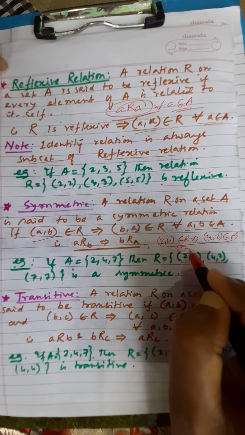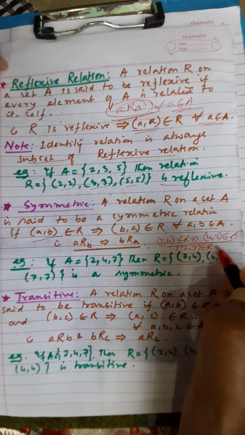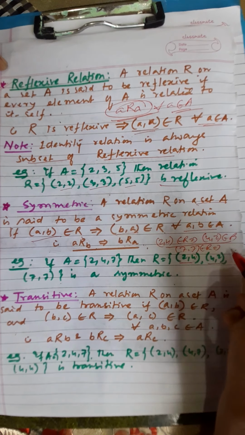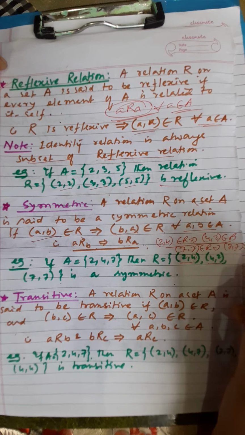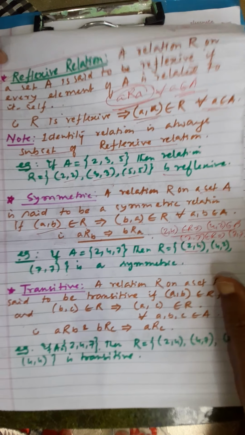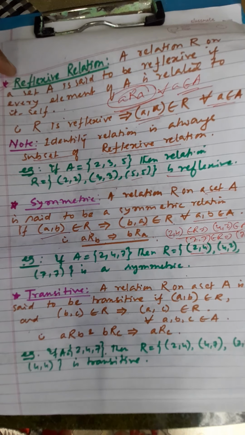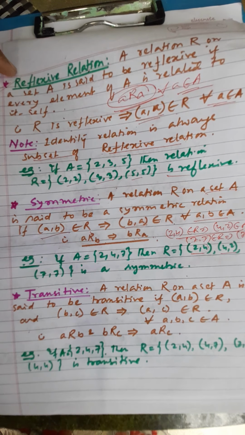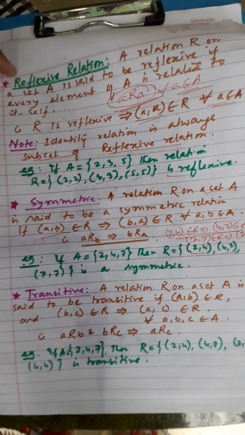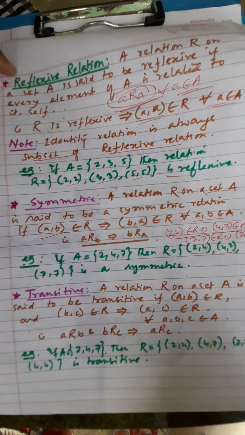Again, (7,7) belongs to R; if we swap it, we get the same thing, (7,7) belongs to R. Symmetric means (a, b) belongs to R implies (b, a) belongs to R. That means a related to b implies b related to a.